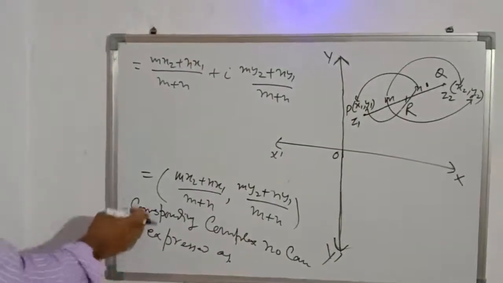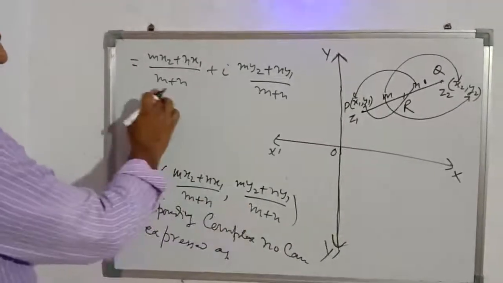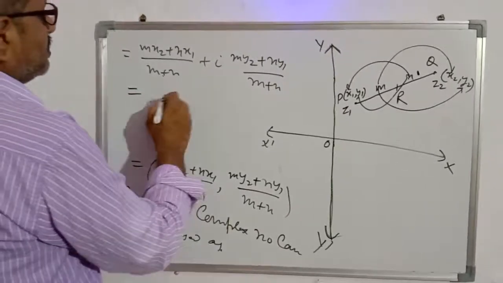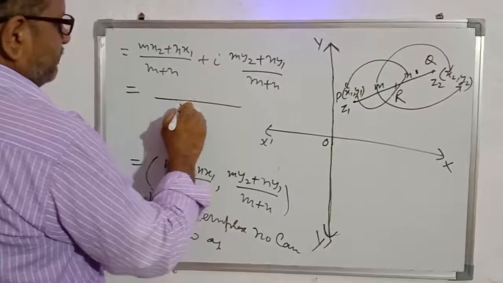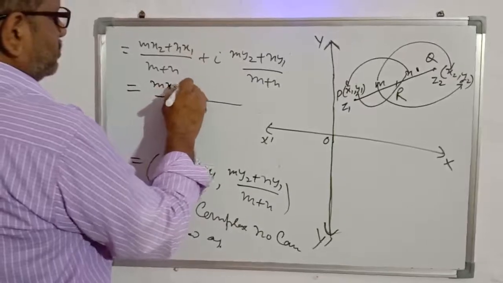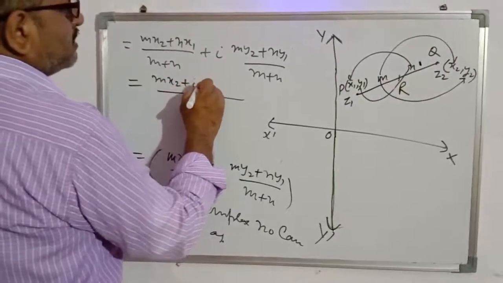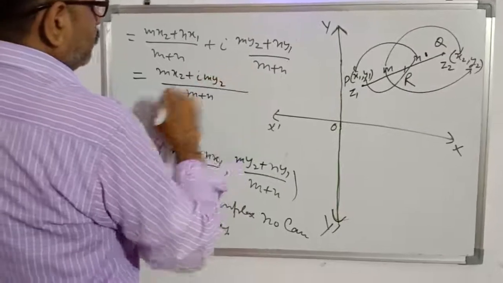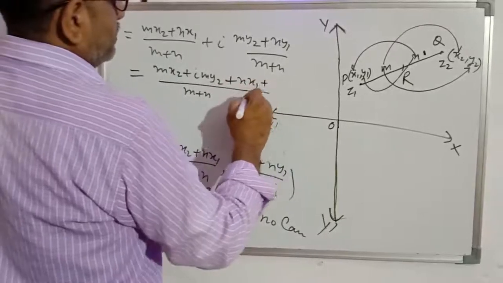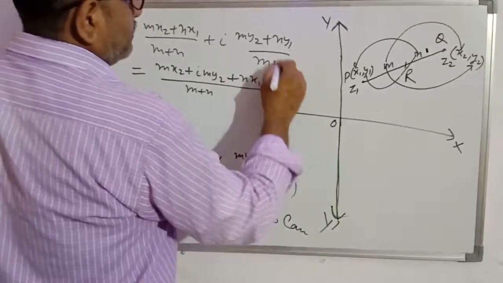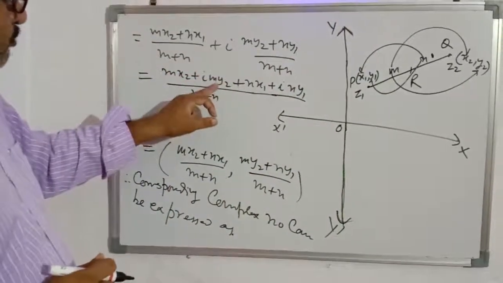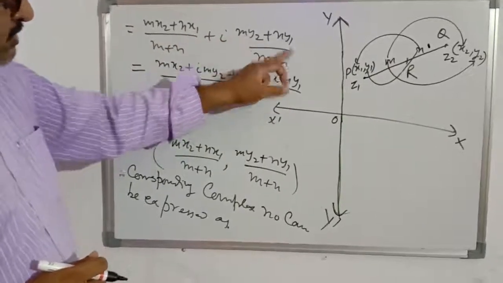The denominator is the same, m plus n, so we can add them: m x2 plus i m y2 plus n x1 plus i n y1.